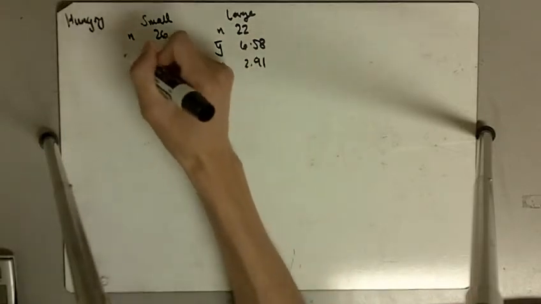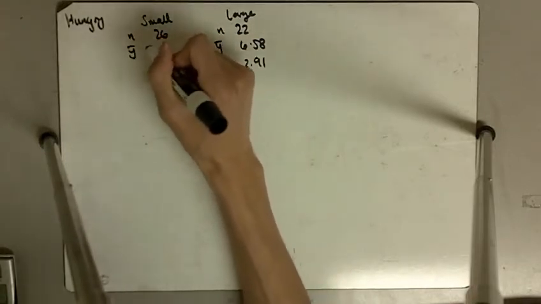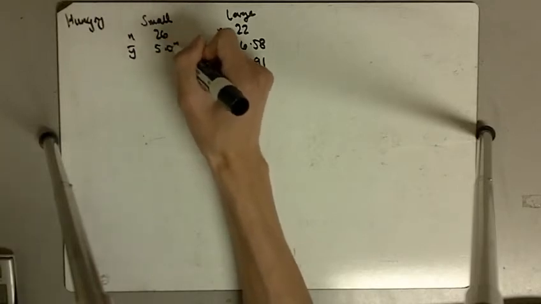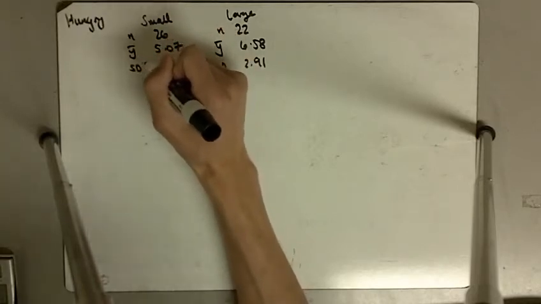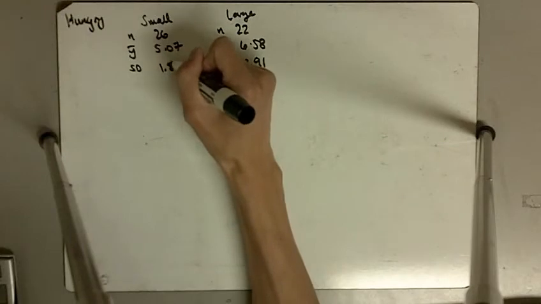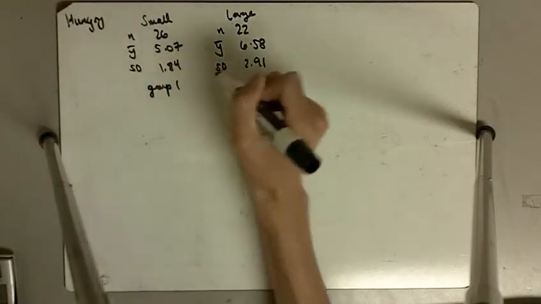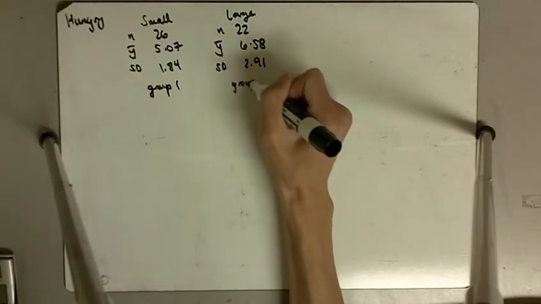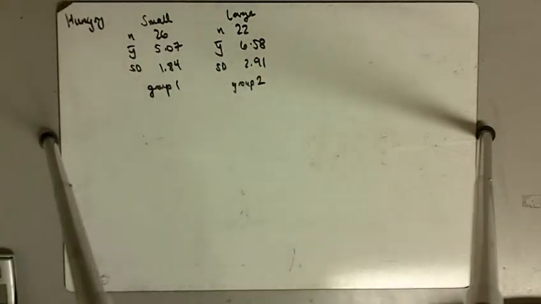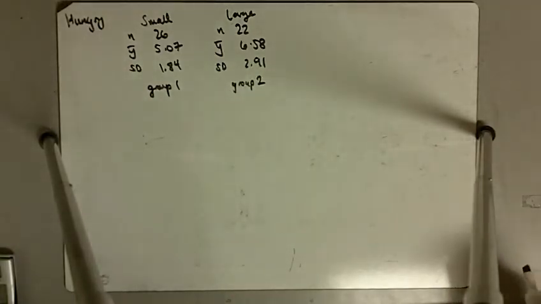And over here, the mean was 5.07, and the standard deviation was 1.84. Now I'm going to call this group 1, and I'm going to call this group 2. So we just want to know if this bowl size changed the portion size.